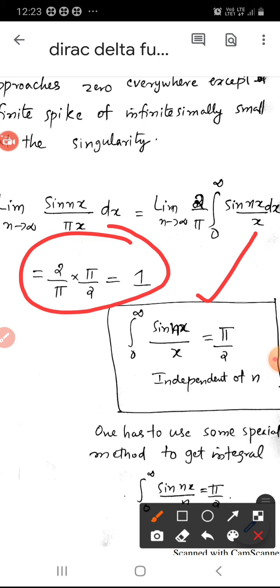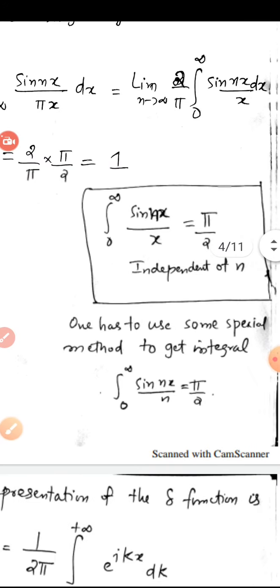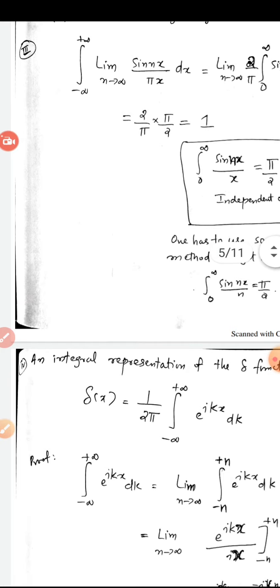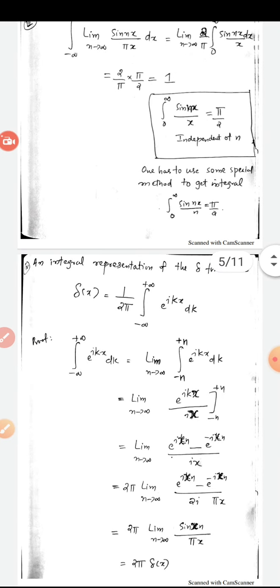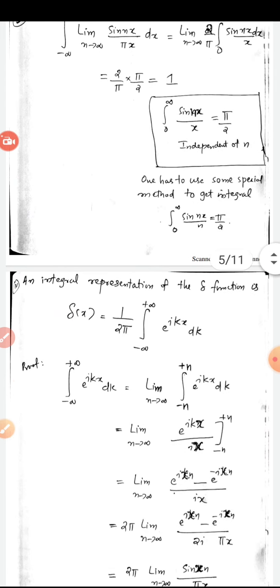The interesting thing is this is independent of n; it does not depend on n. So we are getting this as equal to 1, so we have got the area equal to 1.